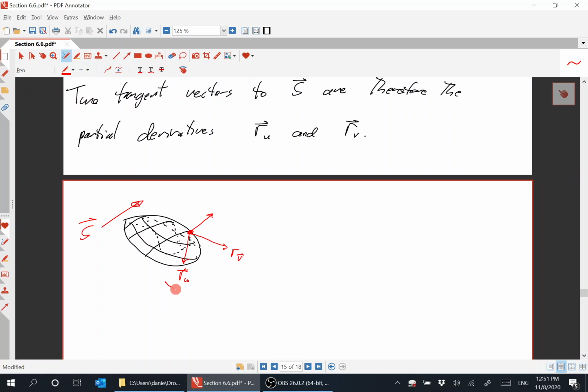You curl your fingers in the direction from u to v, and then your thumb points in the general direction of r_u cross r_v. In this case, it's in the same direction as S. So r_u cross r_v is perpendicular to both tangent vectors, and therefore perpendicular to S itself.